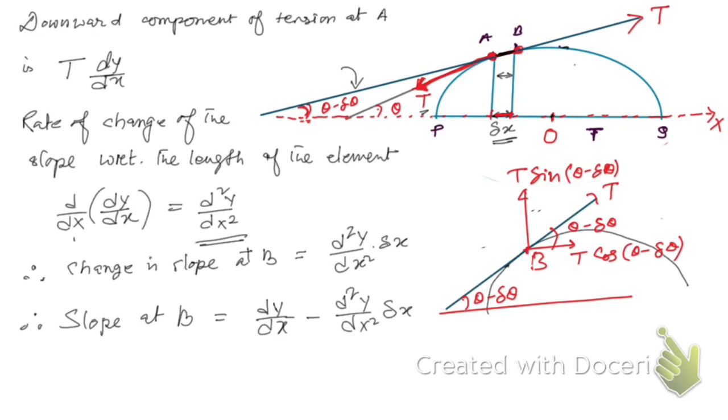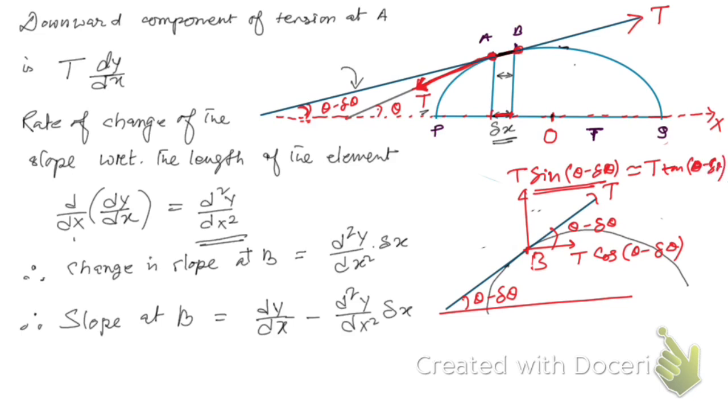Now for a very small angle, sine of theta minus delta theta will be approximately tan of theta minus delta theta. So the tension upward will be T tan of theta minus delta theta, right? Hope you have understood this.